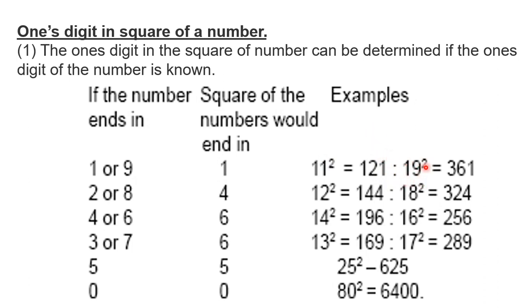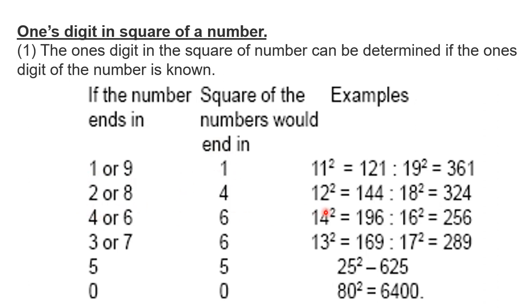Again, we take 19. 19 into 19, that is 19 square, is equal to 361. So again, when a number has unit place 9, its square number ends with 1. So we can conclude, if the number ends with 1 or 9, the square number would end in 1.